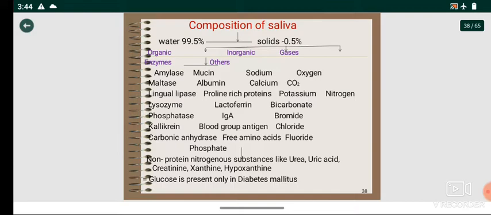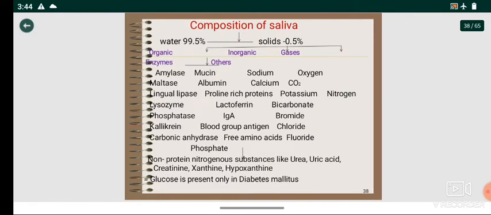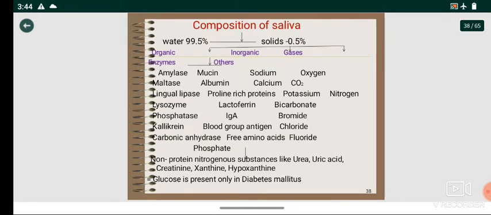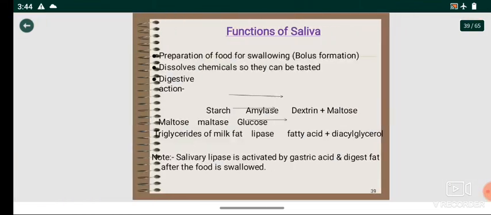Glucose is absent in saliva unless a condition of diabetes mellitus is there in the body. So if the blood glucose level is high, then only glucose will be present in saliva, otherwise glucose is not present in saliva. So this is about the composition of saliva.